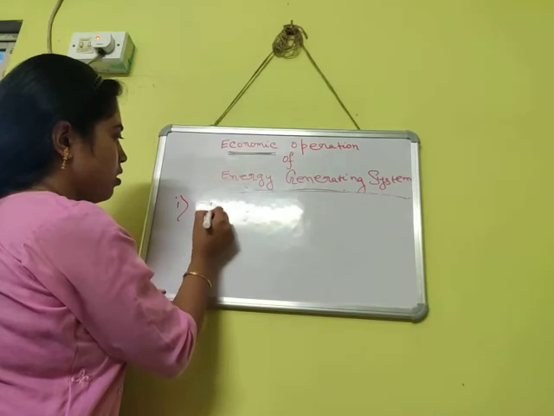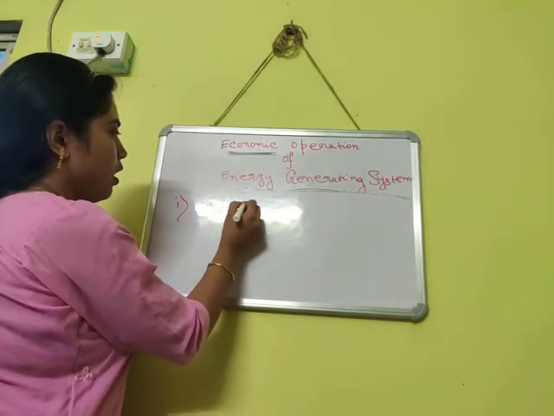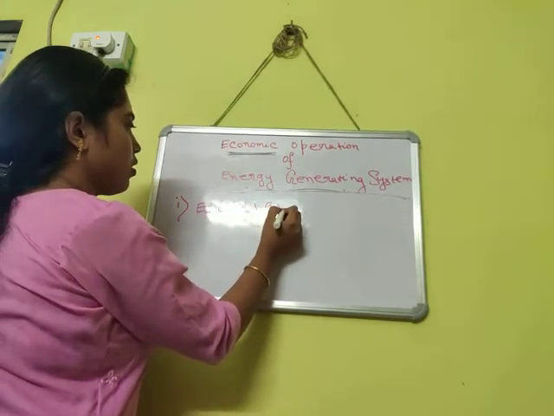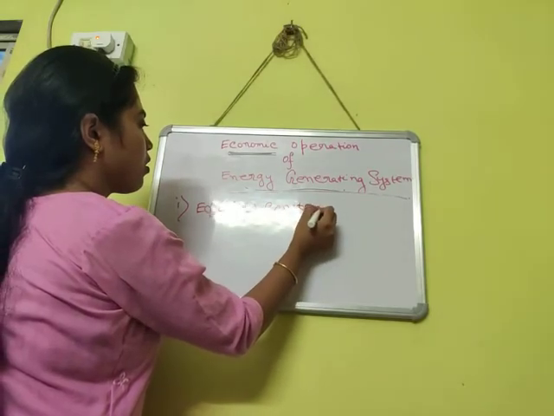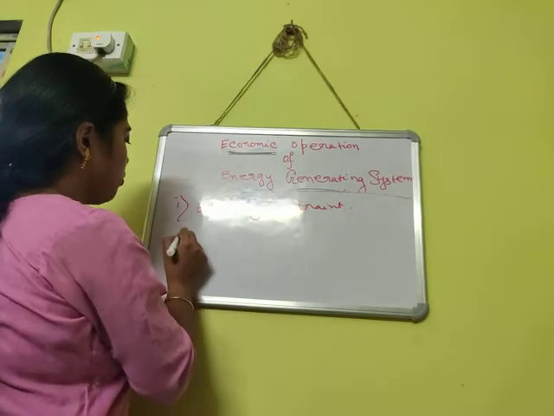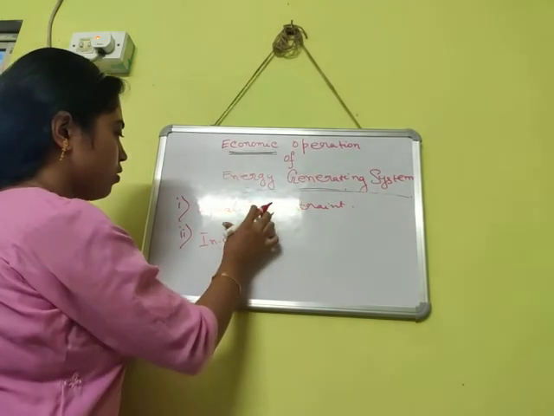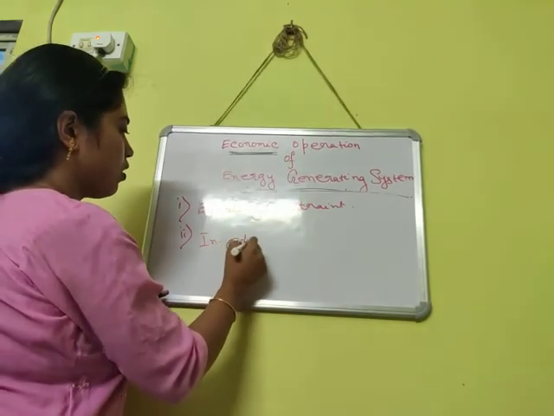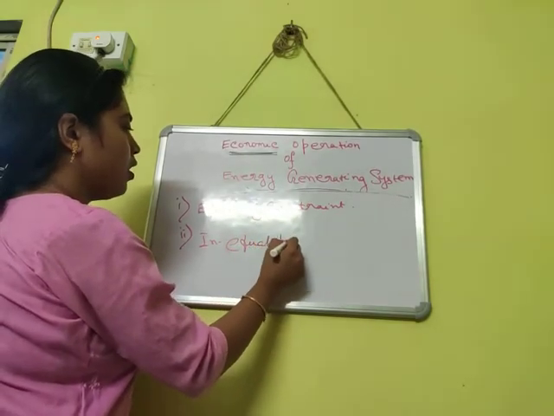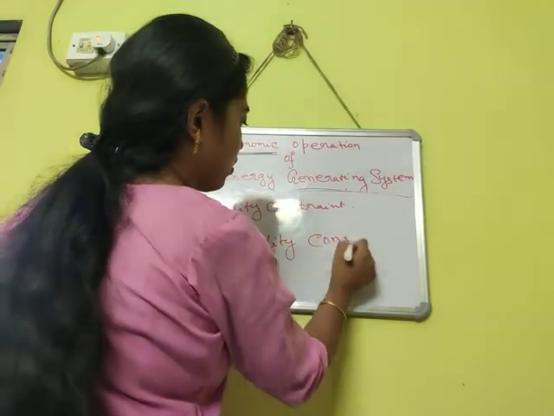Number one is the equality constraint, and number two is the inequality constraint.